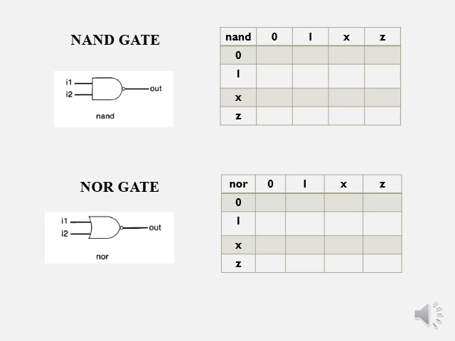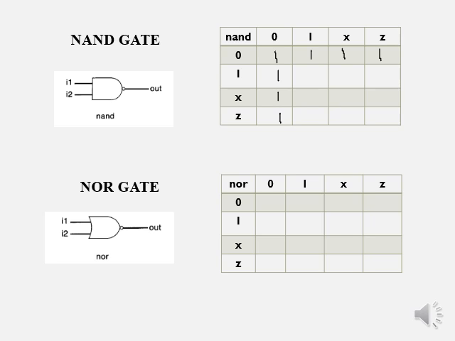For the NAND gate, now what is the control input? For the NAND gate, if any one of the inputs is 0, the output is 1. So for the AND gate, if any one of the inputs is 0, the output is 0. Here NAND is the complement of that. So if any one of the inputs is 0, the output is 1. So I can write this column as 1 and this row as 1.